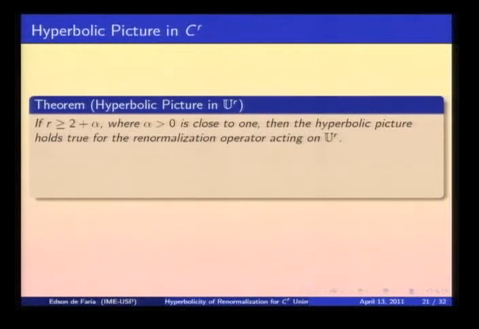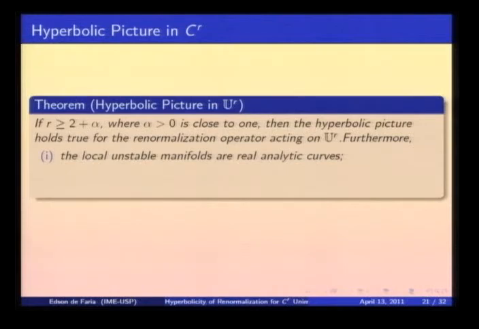The theorem that we prove is that this hyperbolic picture holds for our renormalization operator in the space of C^r unimodal maps which are even, as long as r is greater than or equal to 2 plus alpha, where alpha is a number very close to 1. It has to be larger than the largest of the Hausdorff dimensions of the maps and the attractor.